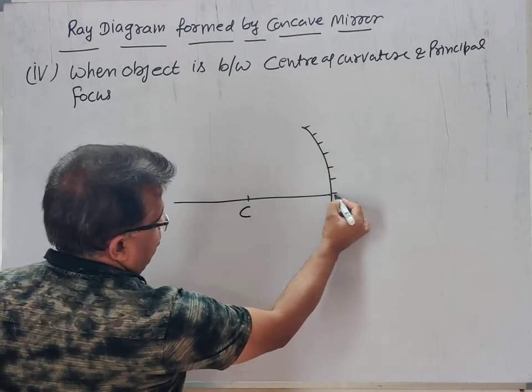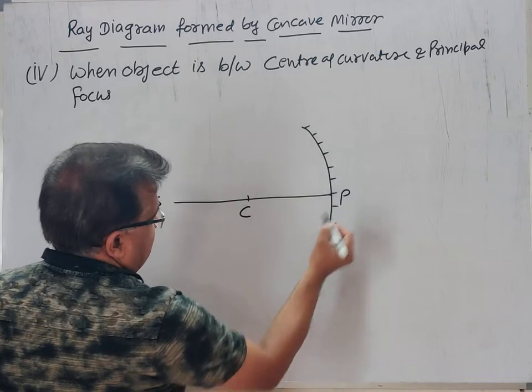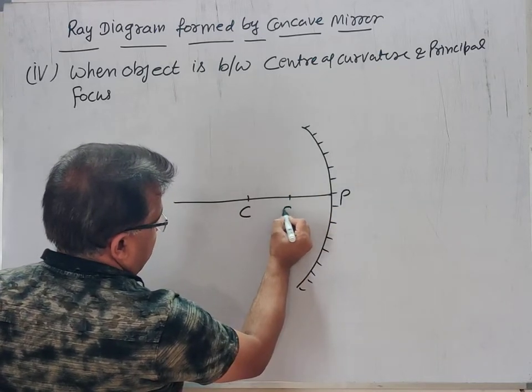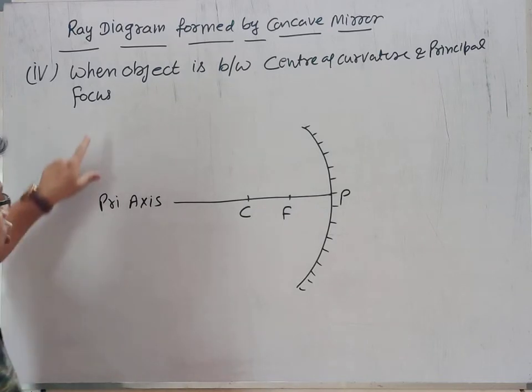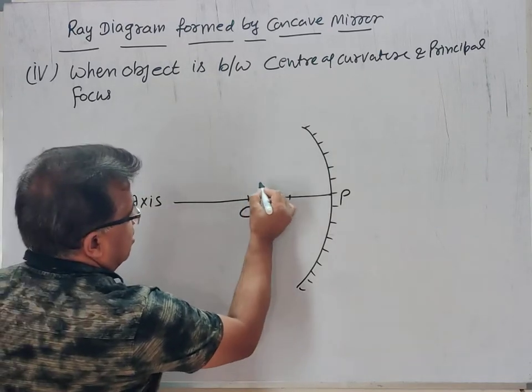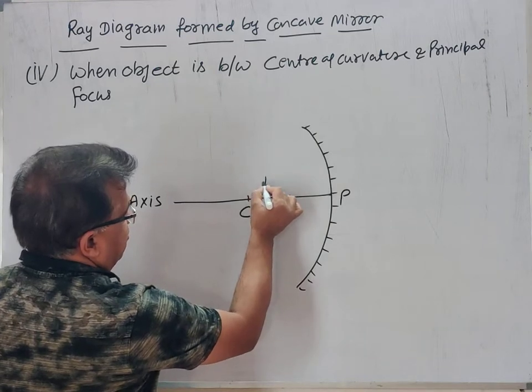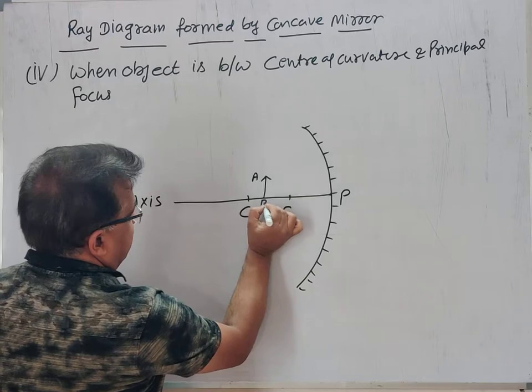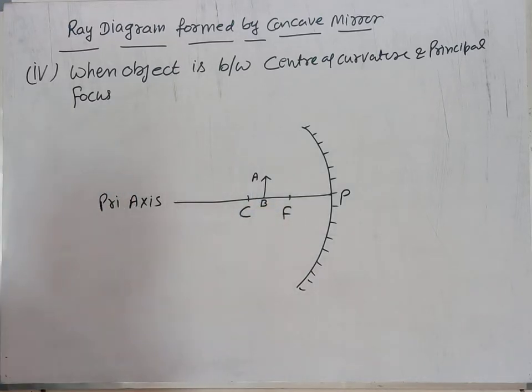It is the pole, the center of the mirror, and between these two is the principal focus. And the object is between the center of curvature and the principal focus, anywhere between these two points. It is the object, we can give the name AB to the object.